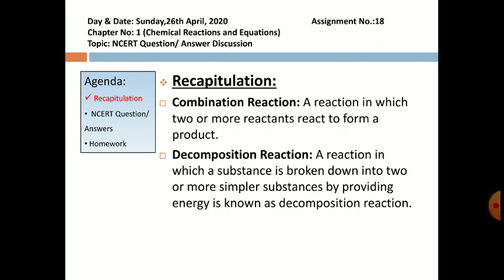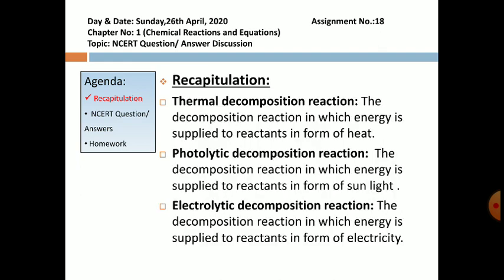Combination reaction: a reaction in which two or more reactants react to form a product. Decomposition reaction: a reaction in which a substance is broken down into two or more simpler substances by providing energy. Thermal decomposition reaction: the energy is supplied to the reactants in the form of heat.